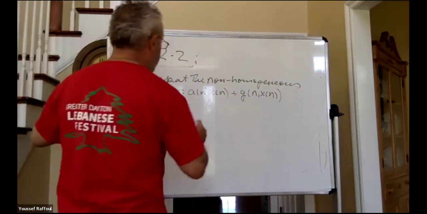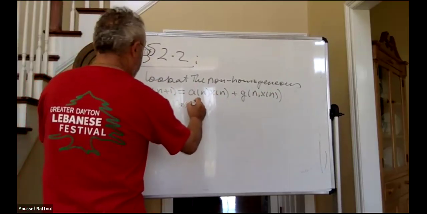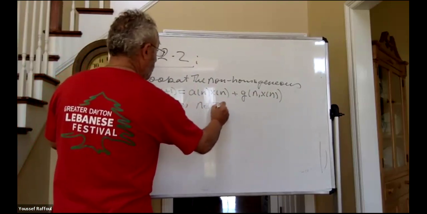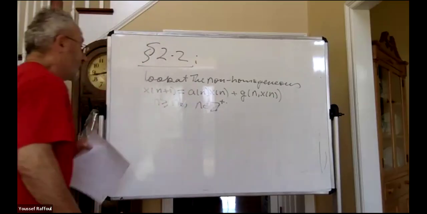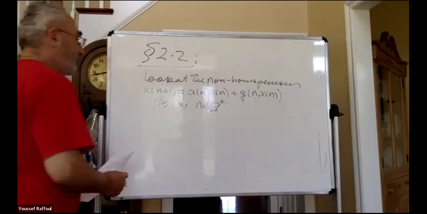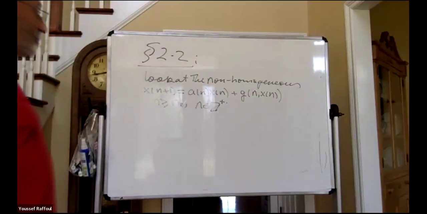And remember, this is for n bigger than or equal to n_0, and n belongs to Z plus. So that means it's like 1, 2, 3, and so forth.